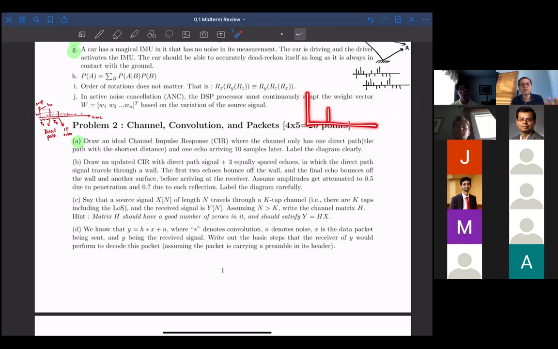And then if I ask you, true or false, the amplitude of a single echo is always weaker than the amplitude of the direct path.